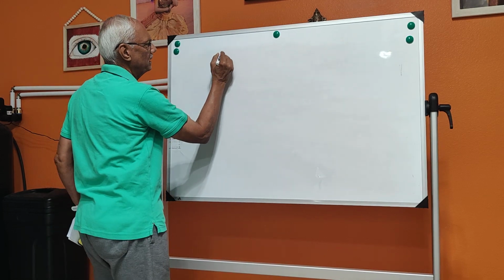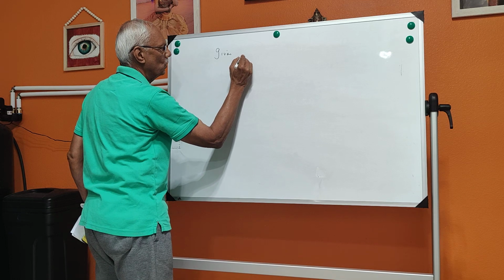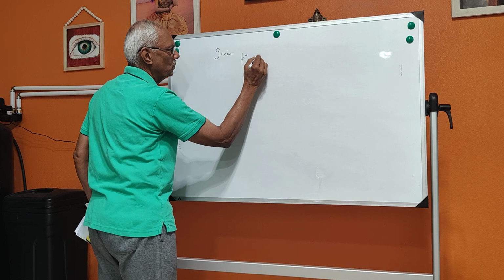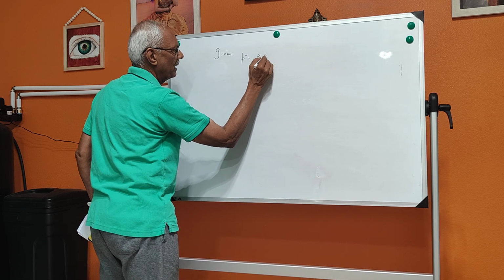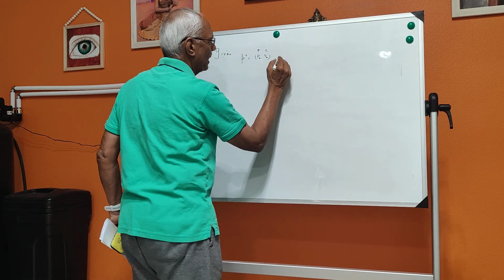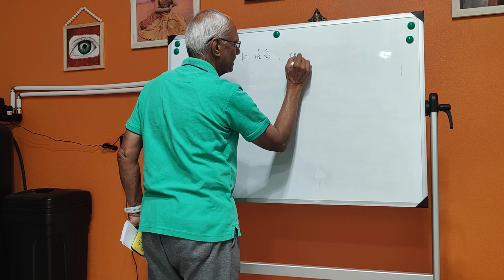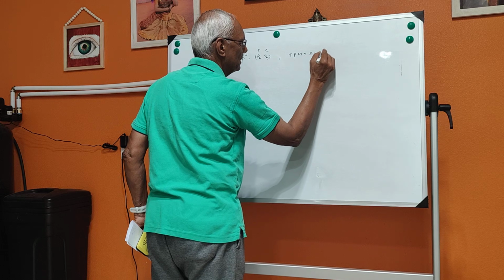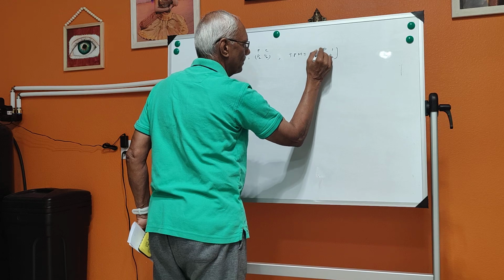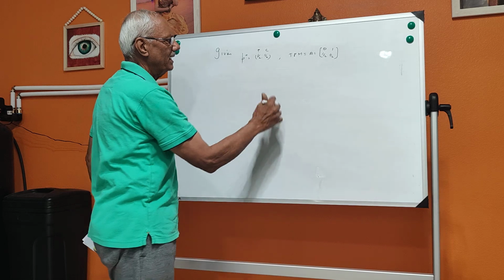We are given P naught is equal to half and half, this is train and this is car, and the transition probability matrix, which I have taken to be this, is 0, 1 and half, 1 half. This is what I have. Now you must know that this is a square matrix.